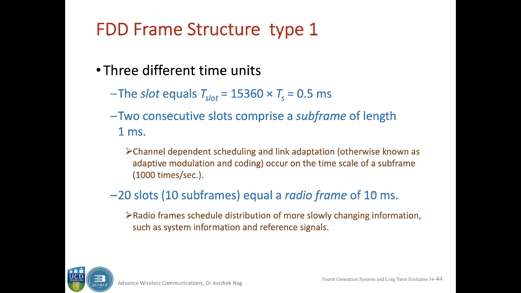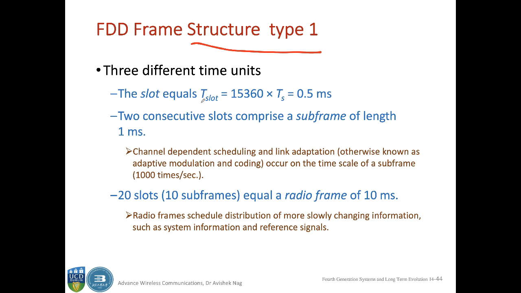So let's look into the detailed frame structure, first the FDD frame structure. In FDD also we have different types, so let's look at FDD frame structure type 1. Here you have three different time units.